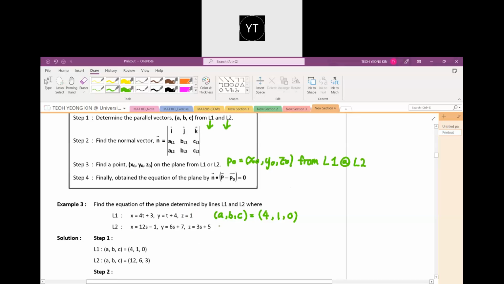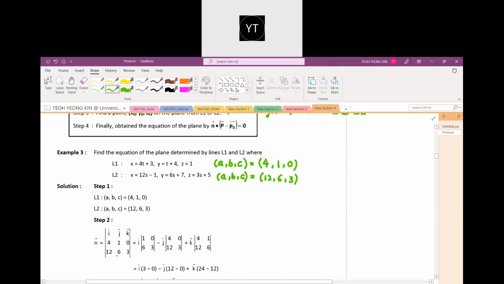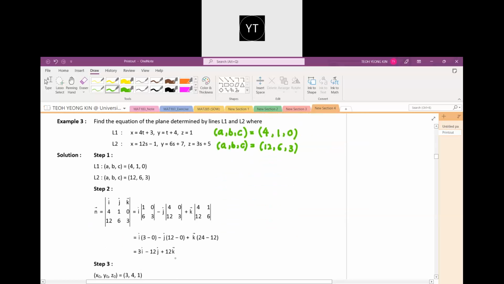And the ABC for line 2 is 12, 6, and 3. So we can determine the normal vector from these two vectors: 4, 1, 0 and 12, 6, 3. This is the cross product, in order to get the normal vector.